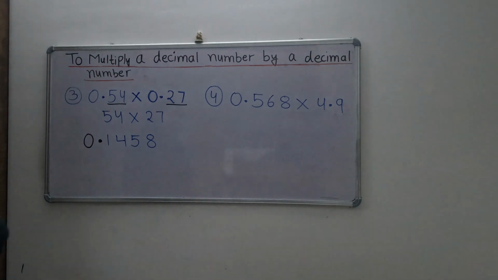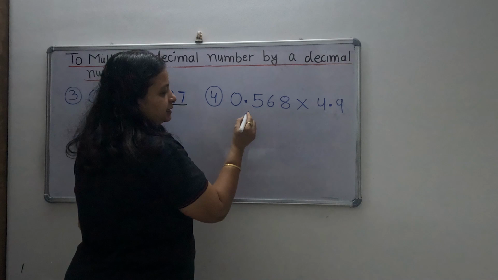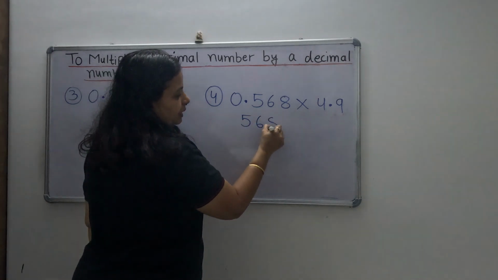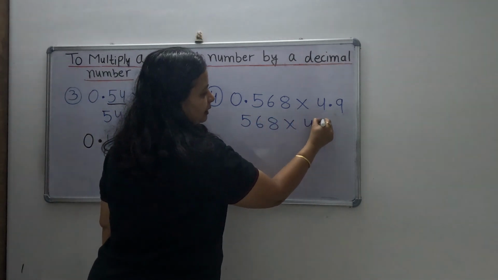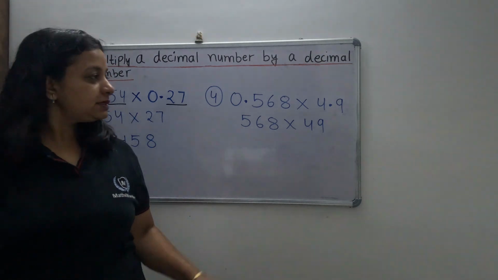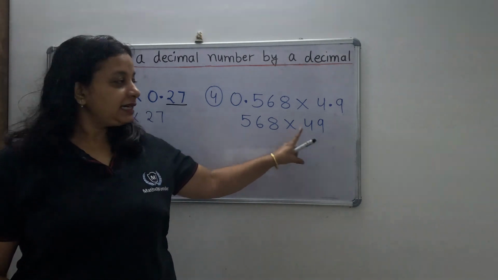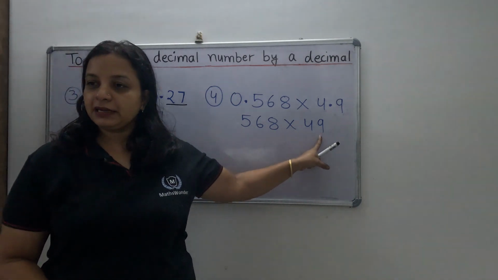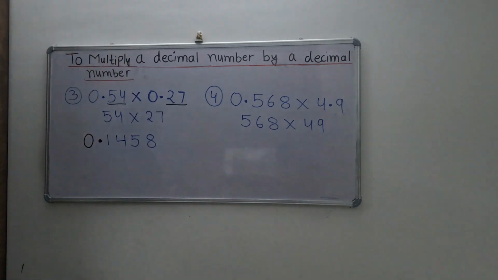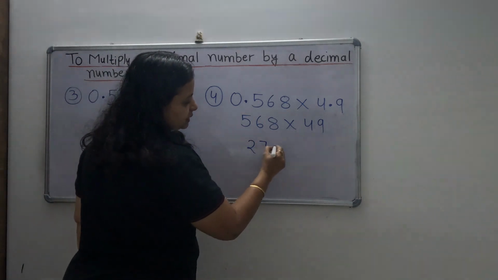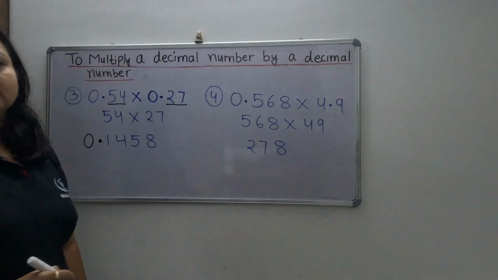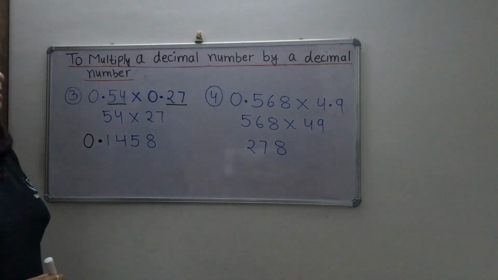So same, what you will do, ignore the decimal points, multiply the normal numbers, like 568 times 49. Normal multiplication, you will do it. So the product will be 27,832.